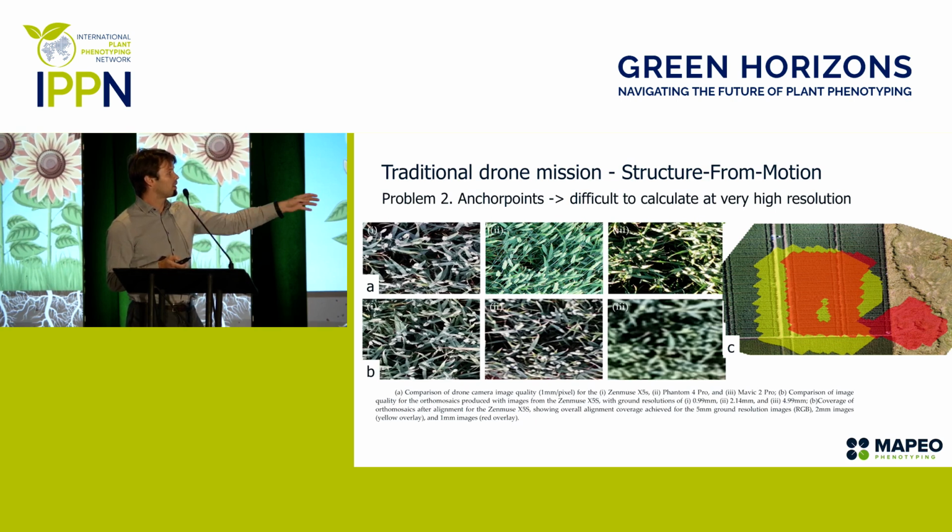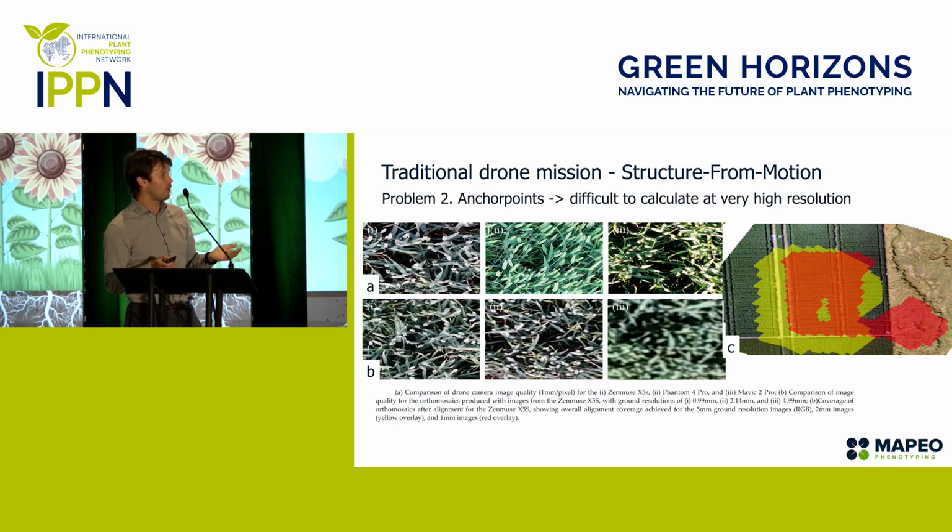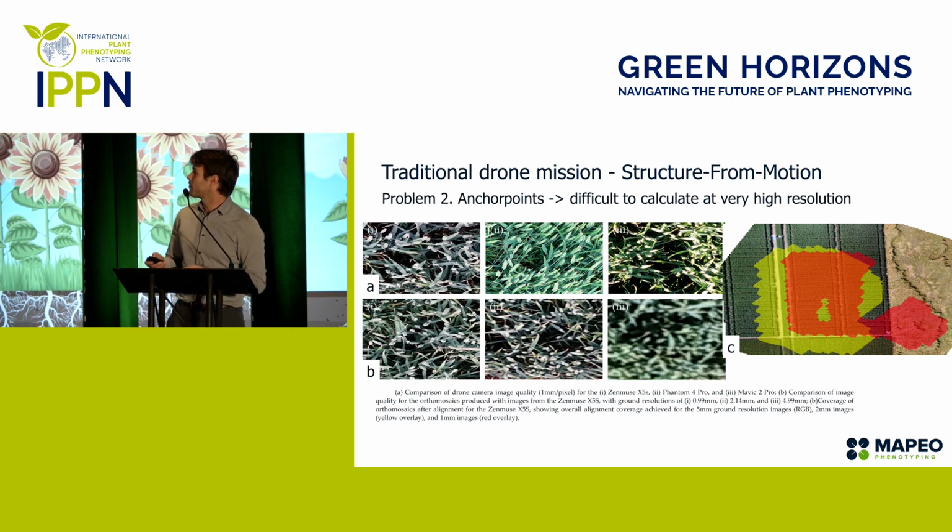But if you look at the images on the bottom left, you can see for our 1 millimeter image in B, we did have high resolution and we could probably identify things like the wheat heads in this case. Whereas for the 5mm resolution, there's not really much you can get out of it. So whilst you cover the whole field, you don't get the information you want. And so that's the kind of problem that we have.